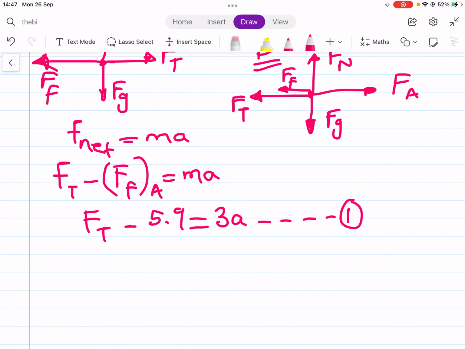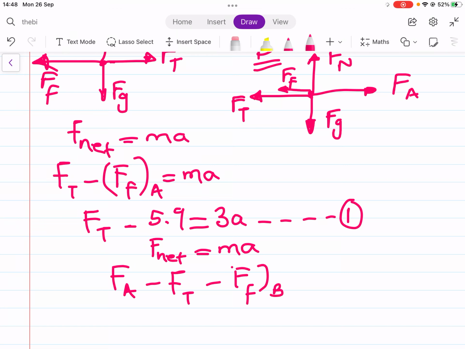And for block B, the same equation of F net equals mA. And we have applied force minus force of tension minus force of friction at B equals mA.